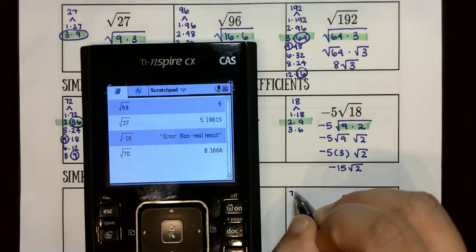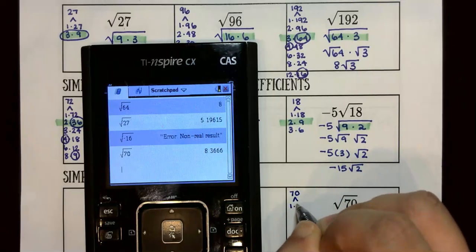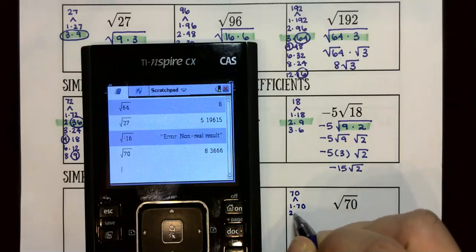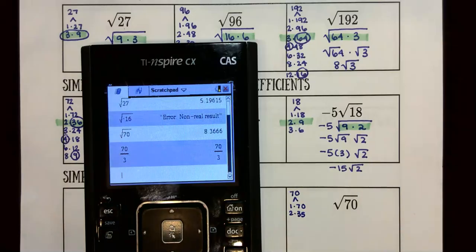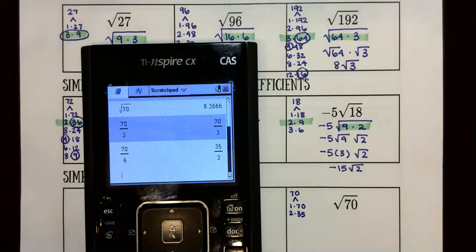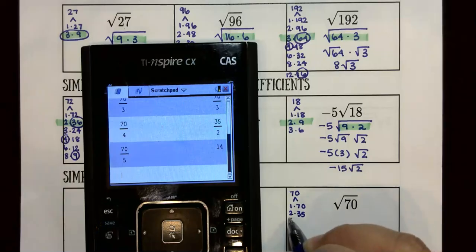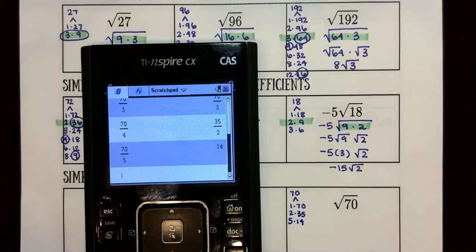We're going to say 70 and then break it down to 1 times 70, 2 and 35, and then 70 divided by 3 doesn't go in. 70 divided by 4 does not go in. 70 divided by 5, 14. And so we're going to go through this and try to figure out all the numbers that divide into 70.